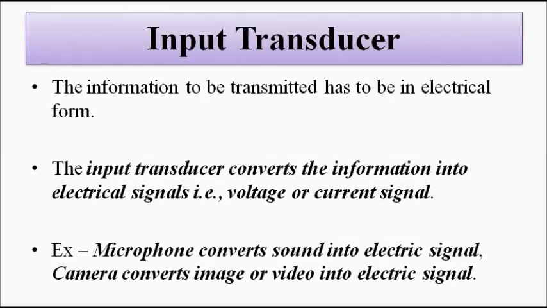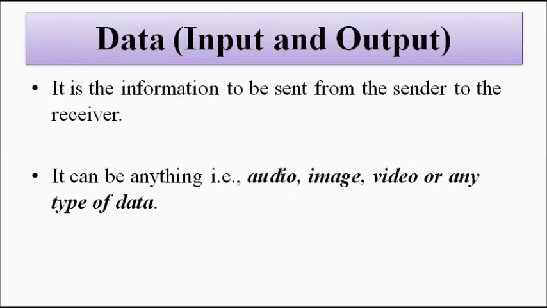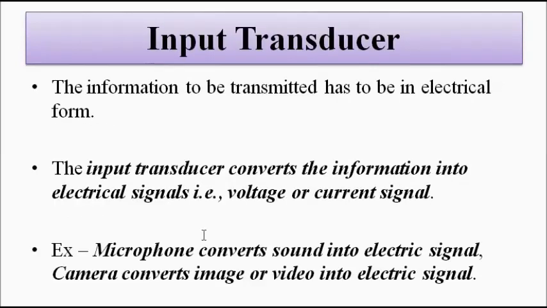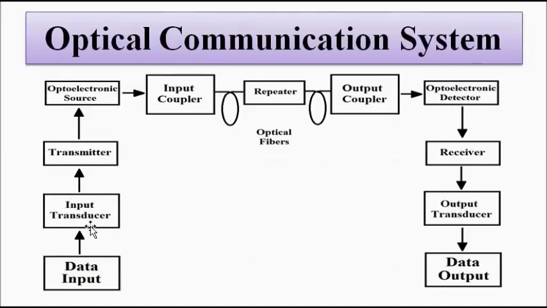So the input transducer converts the data, whether it is audio, image, video, or anything, into a voltage or current signal. So it is basically performing energy conversion. Whatever it is, some form of energy, it has to be converted into a voltage or current signal so that it can be transmitted electrically. The modulation part will come later, but we have to convert it into voltage or current form for transmission.